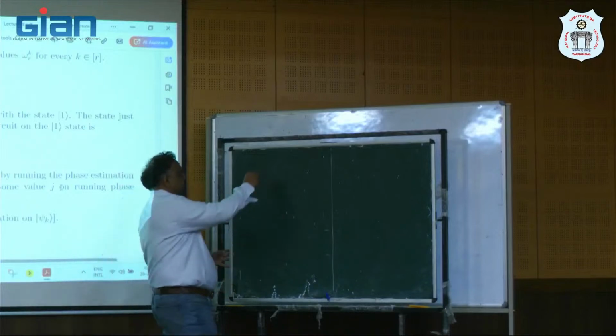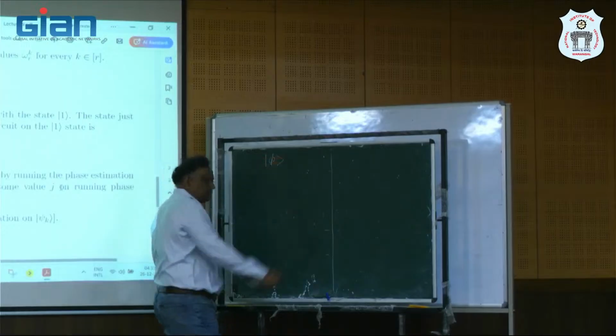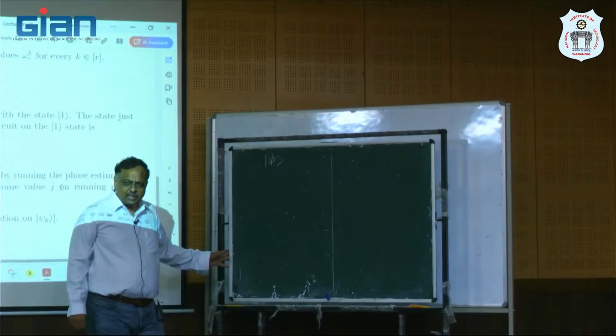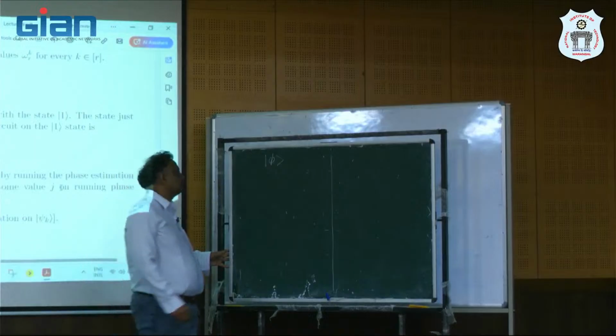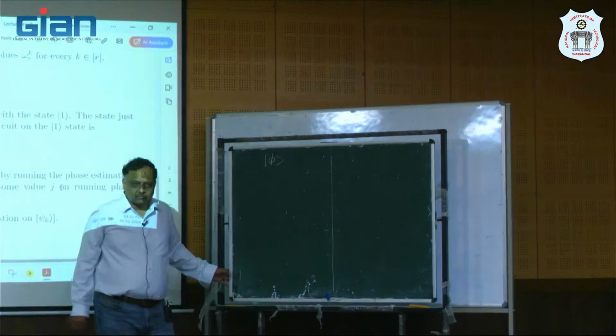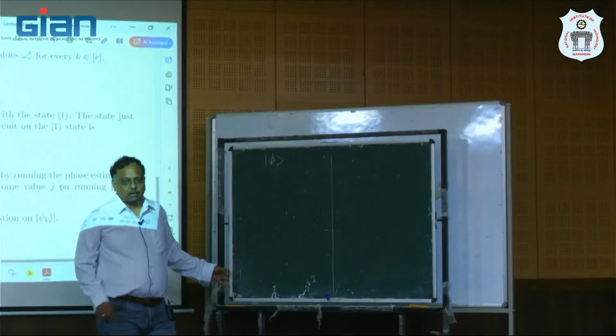When we have some state phi, probability of measuring 0 on this state phi is what? Sorry, probability of obtaining any j on this state is what?